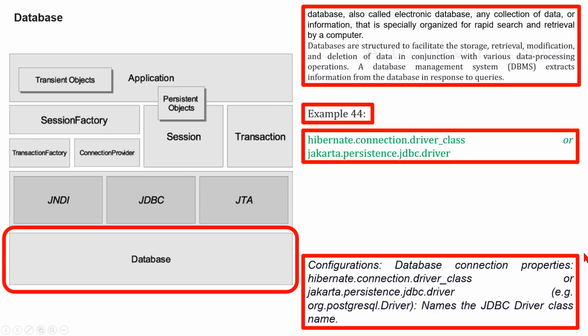Now we are considering database connection properties in configurations. Here hibernate.connection.driver_class or jakarta.persistence.jdbc.driver, for example org.postgresql.Driver, names the JDBC driver class name.